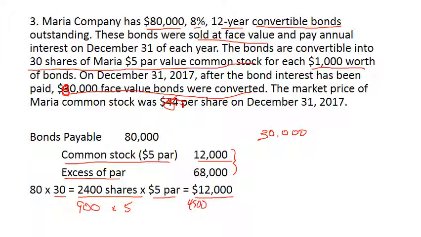So this would have been 4,500, and this would have been 25,500. Okay, so that's if it had been $30,000 worth of bonds. And I think that's it.